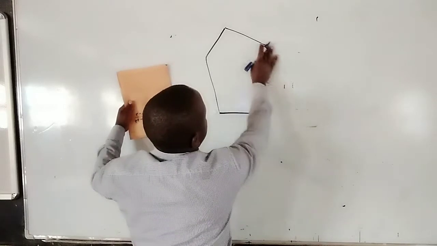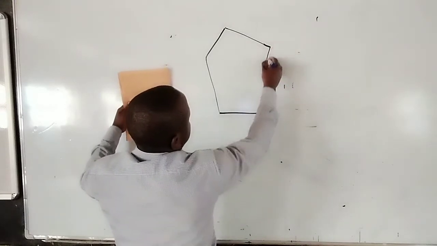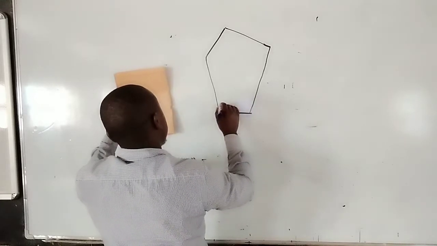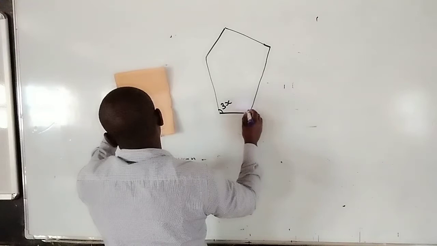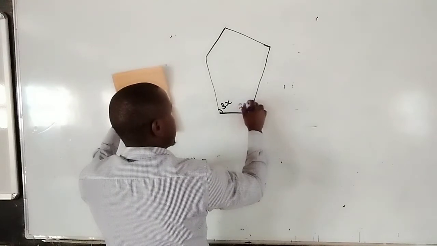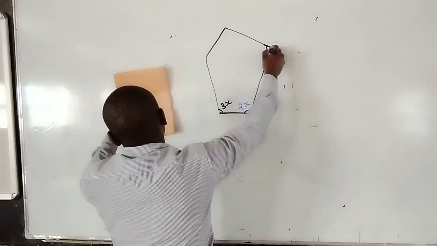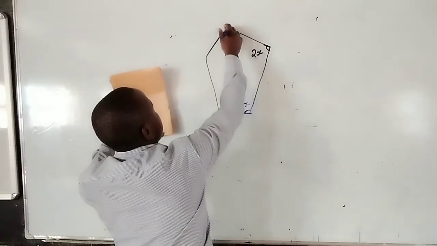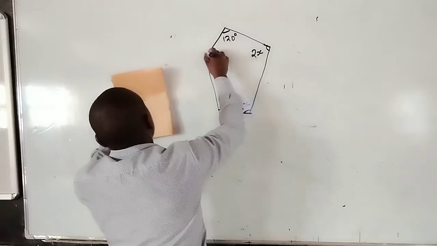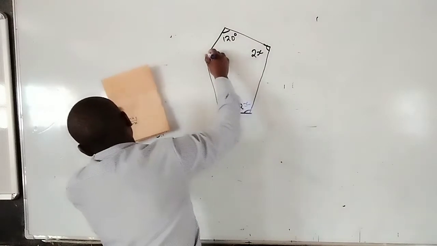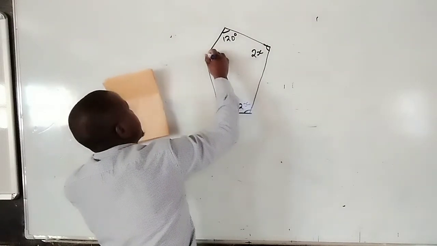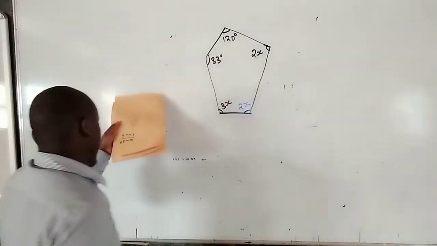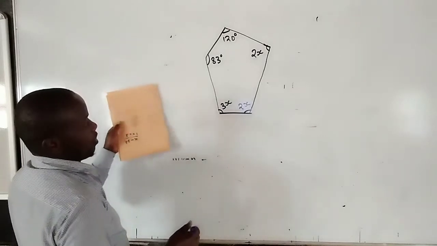Some of the lengths are longer than others, indicating that some angles will also be bigger than others. This is 3x. This is 2x. This is 2x. This angle is 120. This one is 83 degrees.